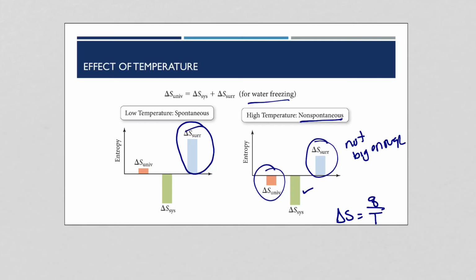The entropy change in the surroundings is not going to be enough at this higher temperature to make the process spontaneous. So there's a temperature dependency, in that reactions are not going to be spontaneous at all temperatures. That's sort of a bigger take-home message here.